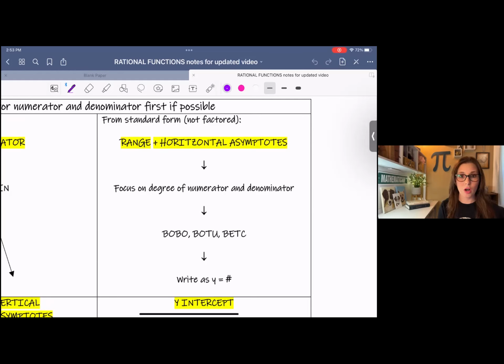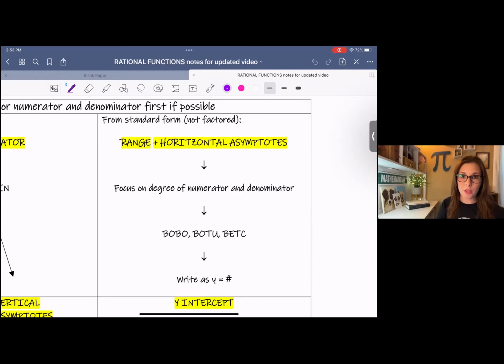Horizontal asymptotes are places of discontinuity or long-run behavior in the graph associated with the y-axis. So horizontal asymptotes, y-axis, up and down. And for this, you're going to focus on the degree. Remember, degree is associated with end behavior. And so that's focusing on good old BOBO BOTU and BOTTOM. Remember that?